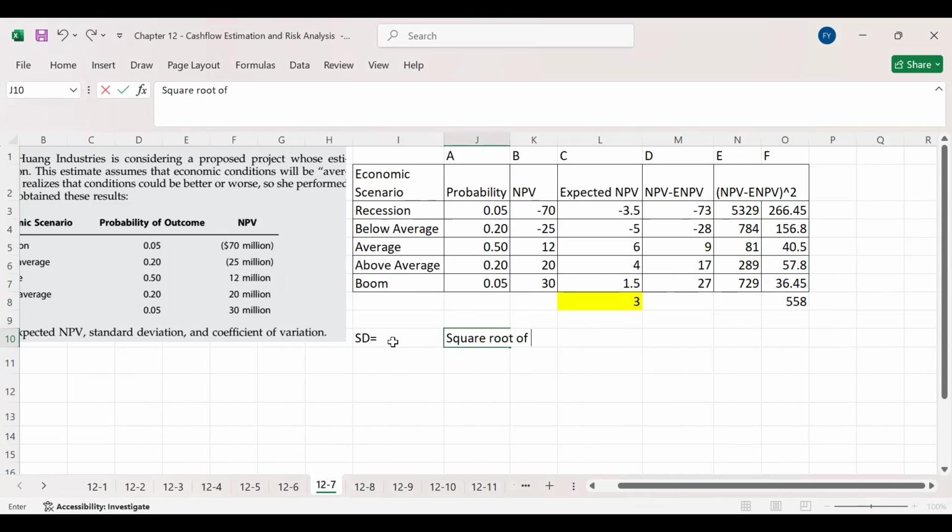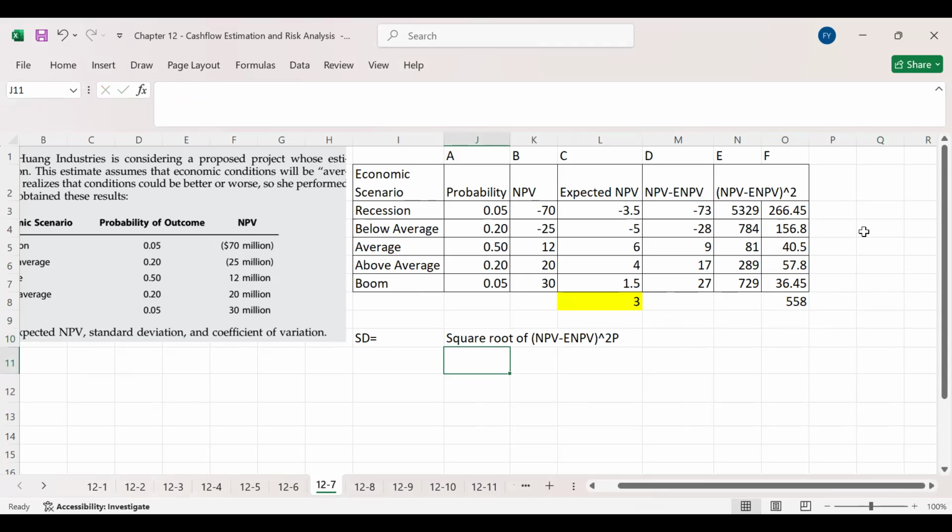And now standard deviation is the square root of NPV minus ENPV, squared, multiplied with their probability.